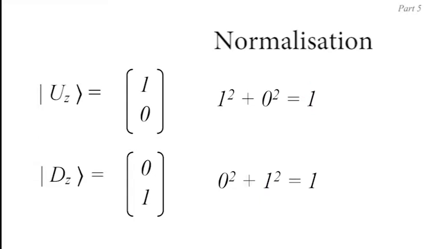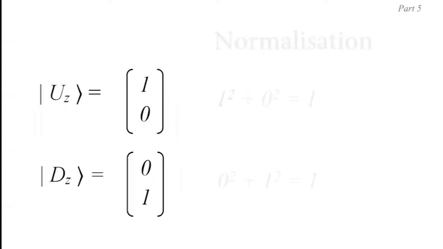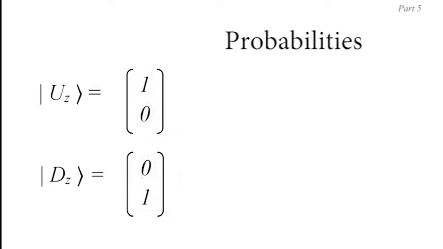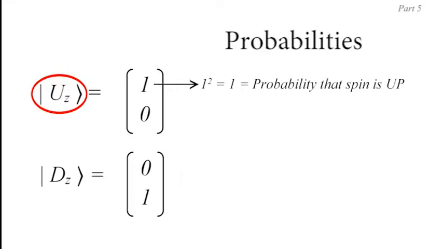So that's no problem. On top of that, however, the squares of each of these numbers also represent something else important in quantum mechanics. They represent the probability of getting an answer to the question, what state is the electron in? What I mean is, if an electron is in this state and the spin is up, and you measure the z component of the spin of this state, 1 squared is the probability that you will get the answer +1, in other words, spin up.